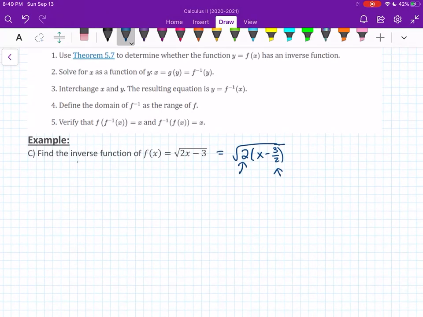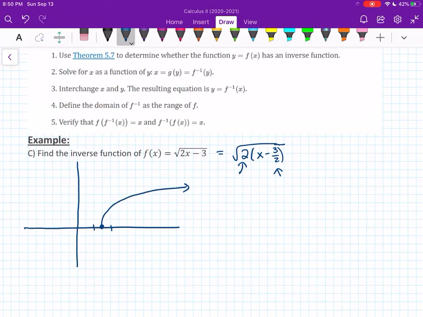Thinking about my original square root graph, I'm going to go right 1.5 units, and that's where I start instead of at (0, 0). It has the same general shape, but it's going to be a little squattier, you could say. So it's going to be something like that.